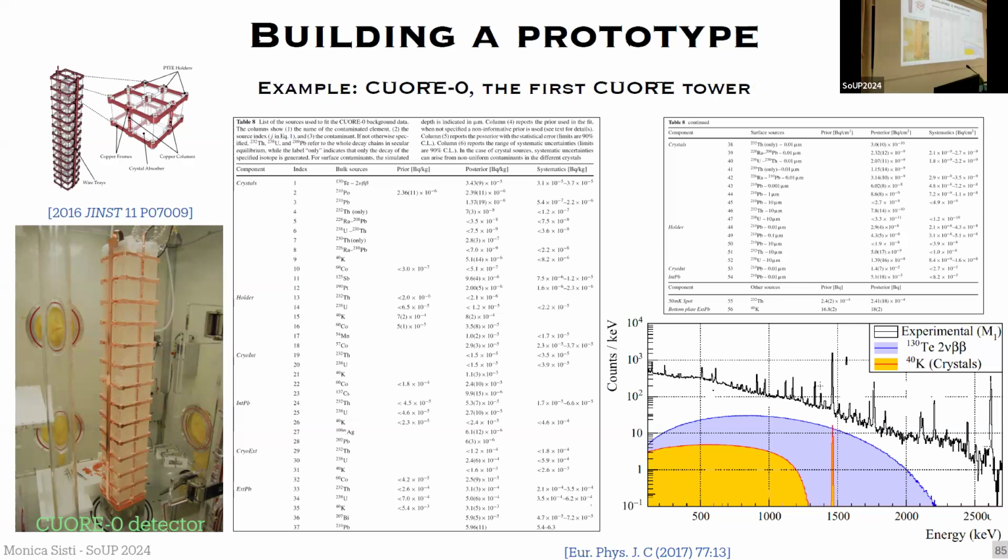This was the first CUORE tower that we measured in one of our older cryostats, for more than one year. We built the background model on the data, so this is no longer a budget, this is a model, and we could derive the bulk and surface contributions.